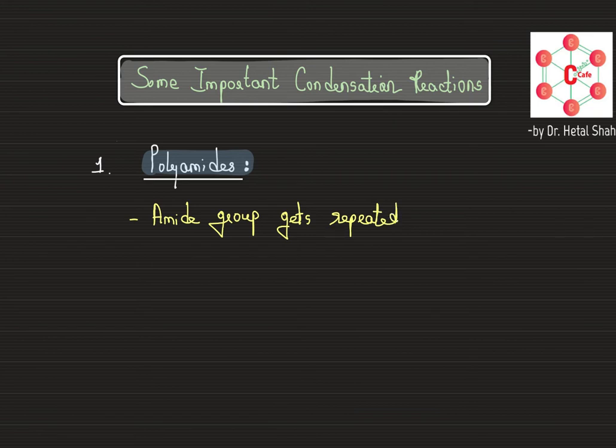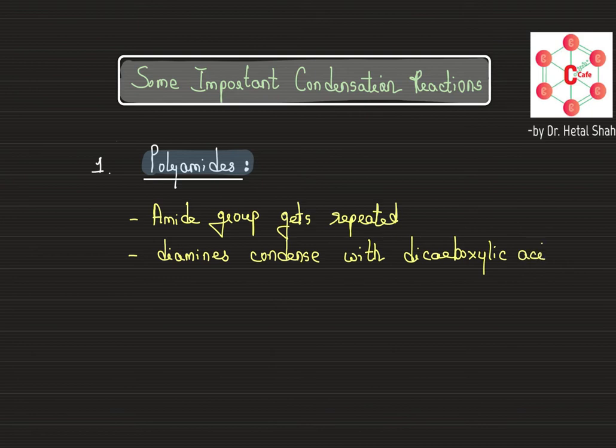And generally they are formed by monomers which can be diamines, which condense with dicarboxylic acids to form polyamides.